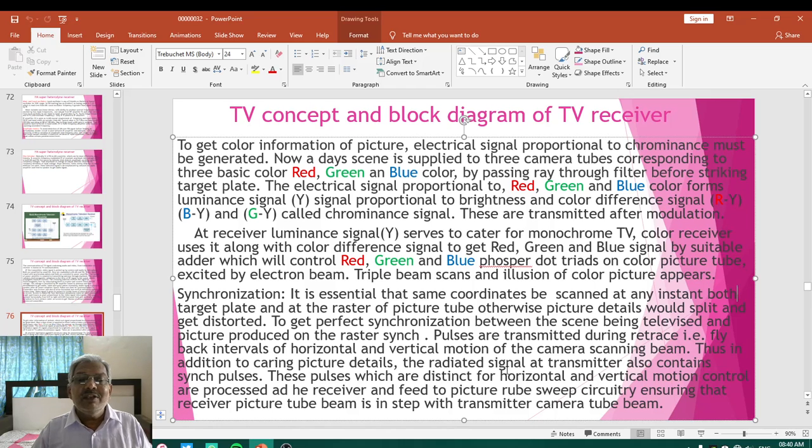Thus, in addition to carrying the picture details, the radiated signal at the transmitter also contains the sync pulses.